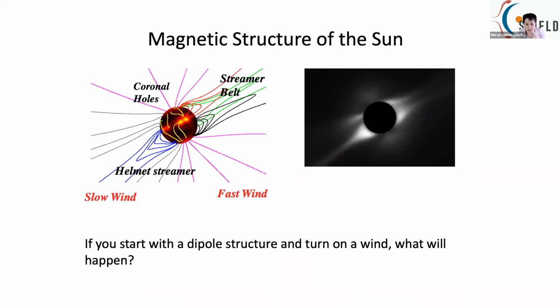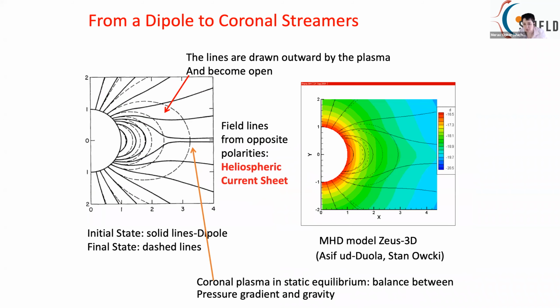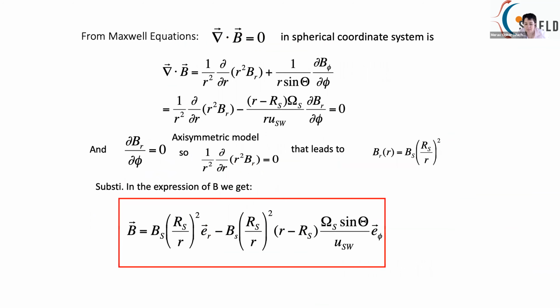You can go through the derivation of it, and I'm not going to. I'm going to skip how you derive it. You go from a closed loop, you put in a wind, and Parker derived an expression for the magnetic field that comes from a dipole being stretched by a wind.